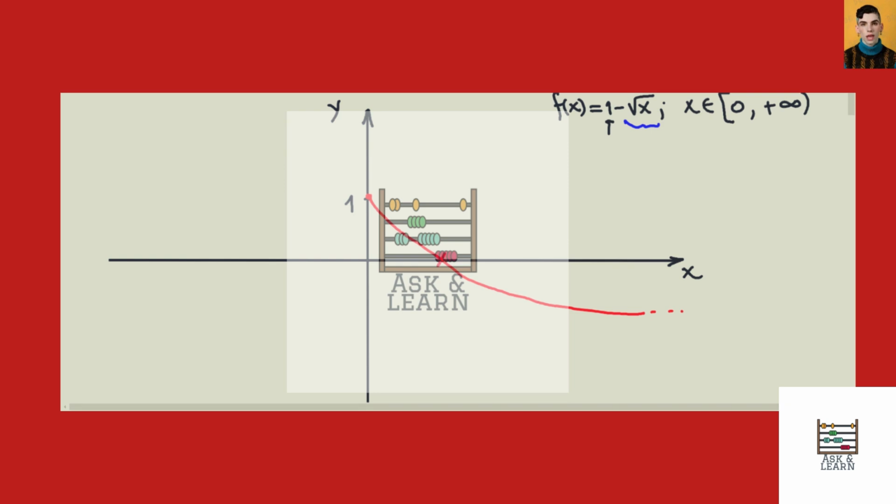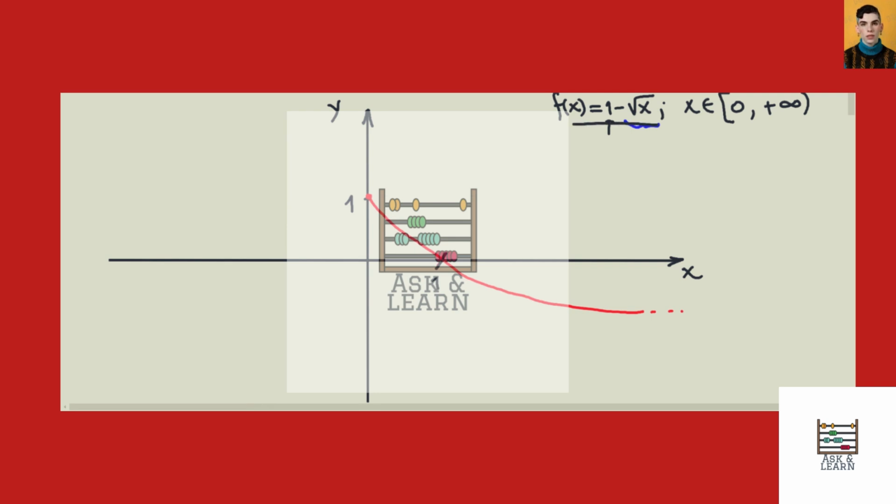And this value here, corresponding to the intersection with the x-axis, is now x equal 1, because when we put x equal 1 in our formula, we get 0.